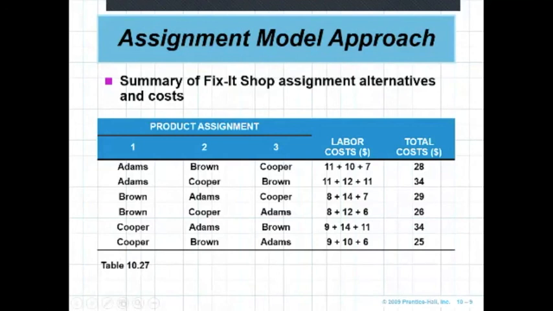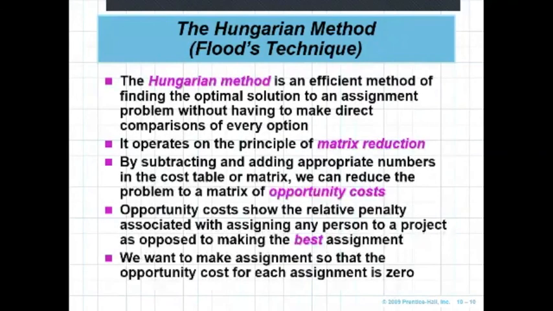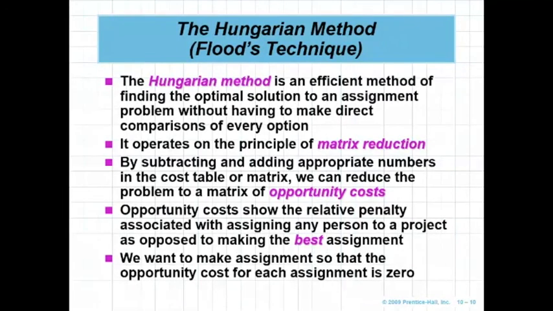So we have to assign Cooper to project 1, Brown to project 2, and Adam to project 3. That's the idea: find the combination and choose the lowest one. Besides using the manual method, we can use the Hungarian method, also called the flood technique.